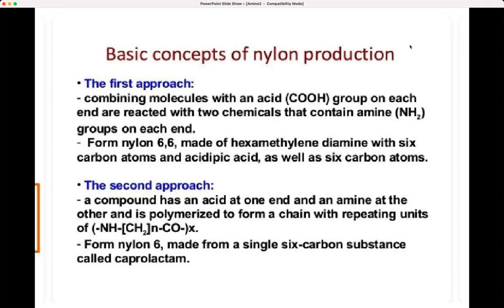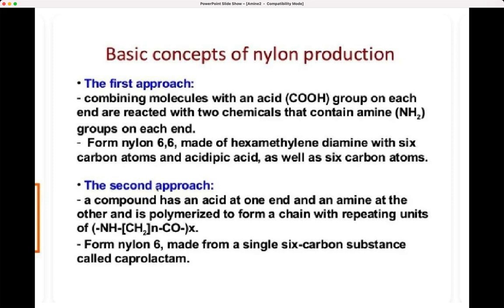Now, basic concepts of nylon production. First approach is when you combine molecules with an acid group on each end, and these are attached with another chemical which contains amine NH2 groups on each end. Nylon 6,6 is made of hexamethylene diamine, which has 6 carbon atoms, and adipic acid, also with 6 carbon atoms.